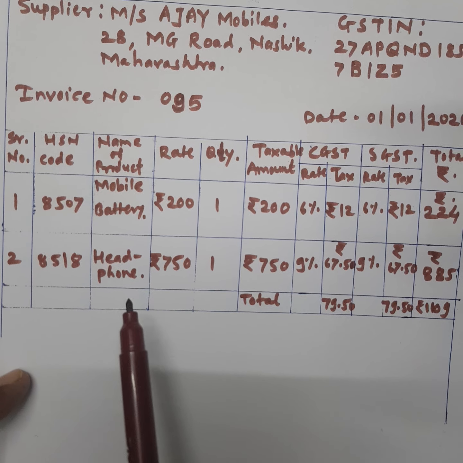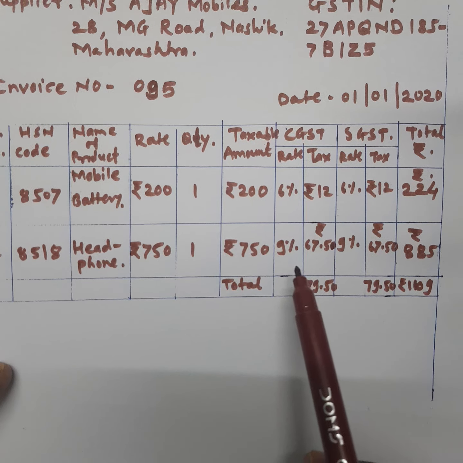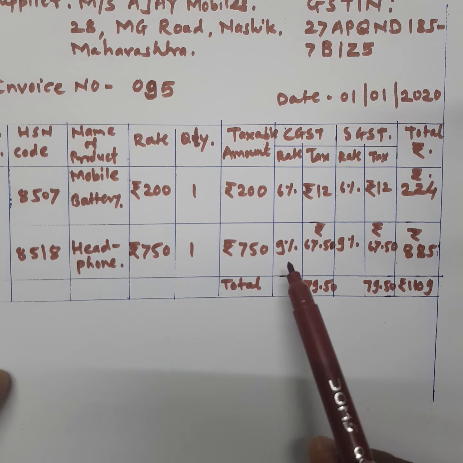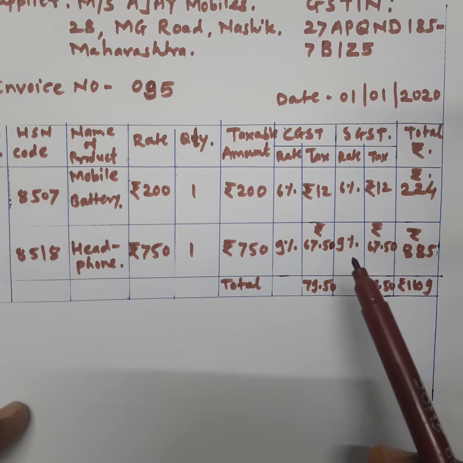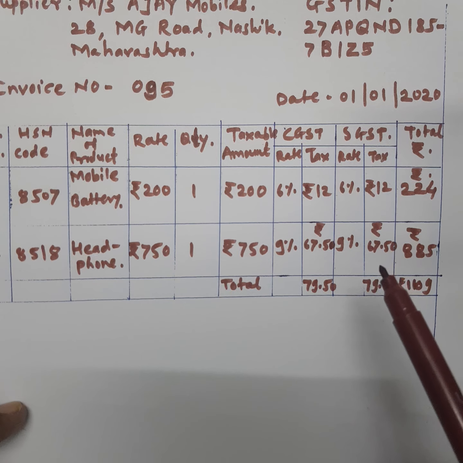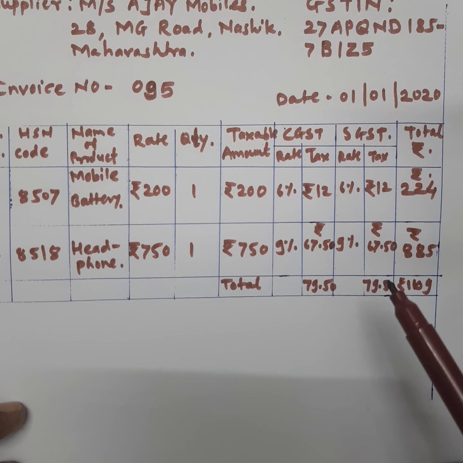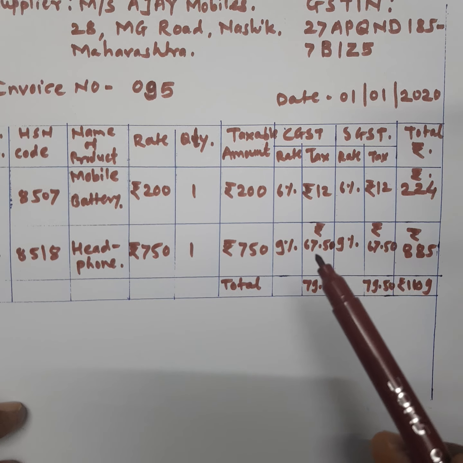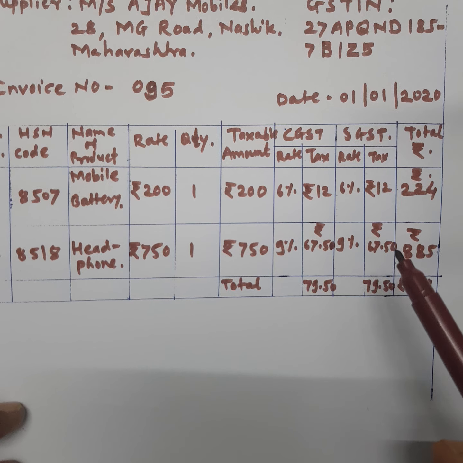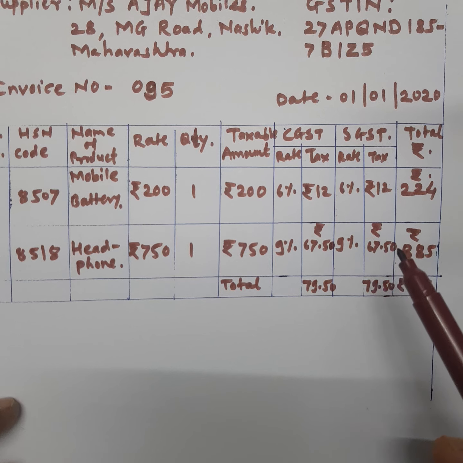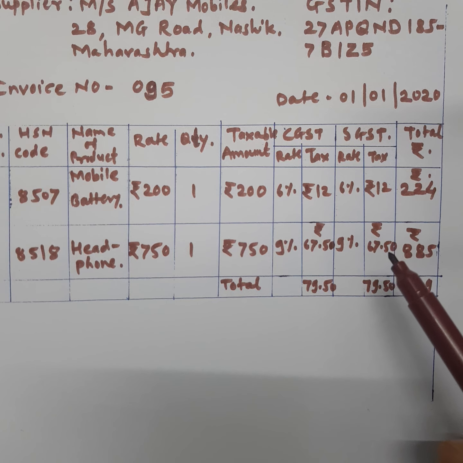Then the next item, headphone, rate of GST 18%, therefore CGST 9%, SGST 9%, total tax will be the sum of 67.50 and 67.50. The total amount to be paid for headphone will be 885 rupees.